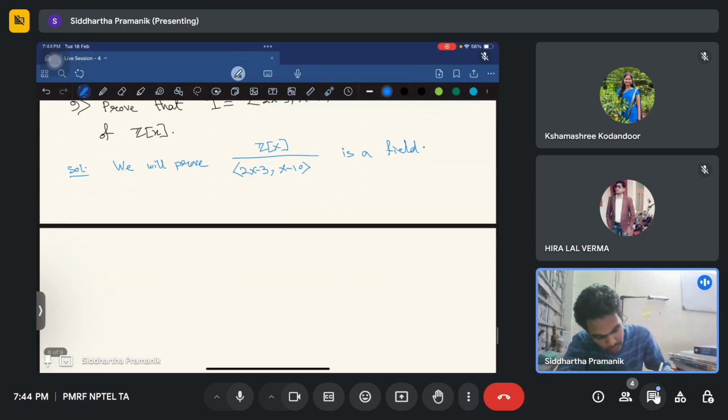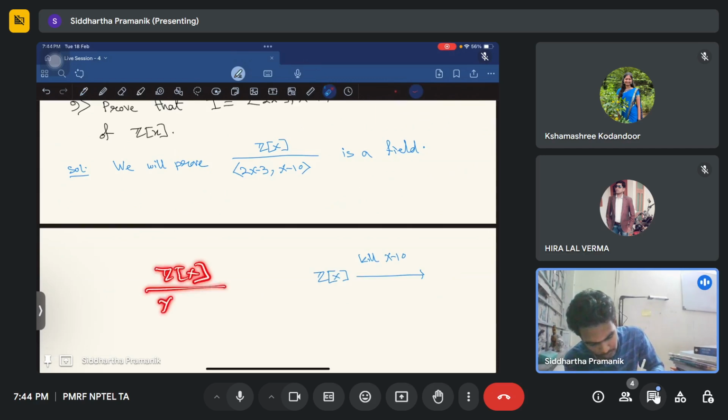So here we have Z[x]. Let's kill it by x minus 10. That means we are going modulo x minus 10. So if we take Z[x] and go modulo x minus 10, what will we get?